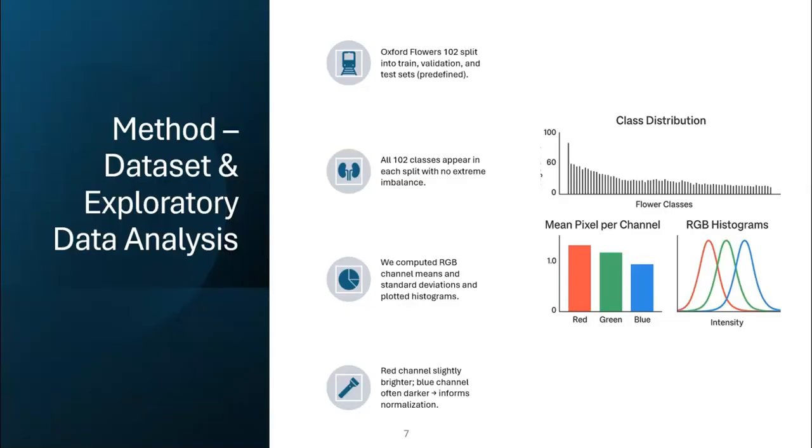Next, coming to the method: datasets and exploratory data analysis, EDA, as we call it for short. We follow the predefined training, validation and test splits of Oxford Flower 102. Each of the 102 classes is represented in all three splits, and our class distribution plots show no extreme imbalance.